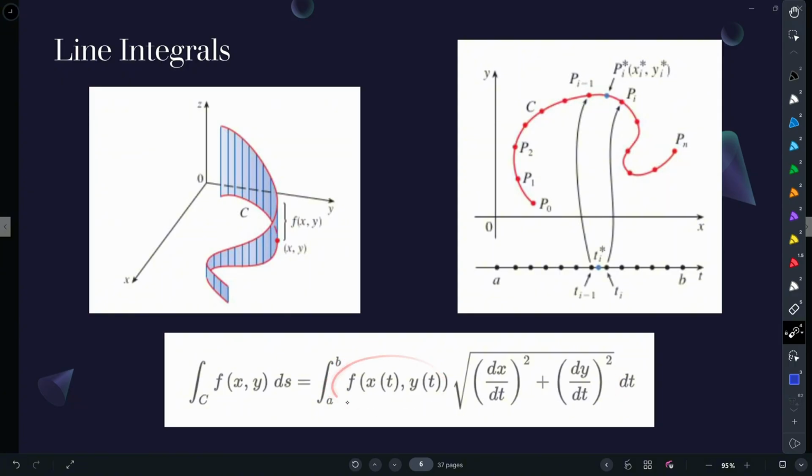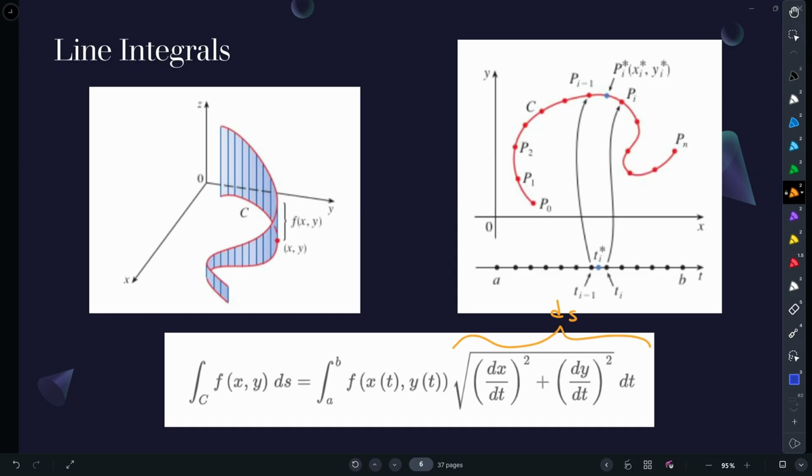So that is the function that we're integrating over the path, times this whole piece, which is what we call arc length. This type of measure is what we usually just write as ds, but it's the integral that you would get when you do an integral of arc length.